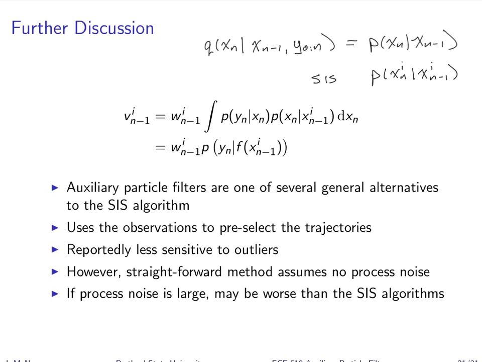So you say, okay, we know what our particle is at time n-1, stick it through the process model, that's going to tell me what it is at time n. In contrast with this, for the ith particle, we first pick its parent. We don't simply advance it forward, but we say, which parent are we going to work with? So we find a parent trajectory, and then we go forward from that parent trajectory.